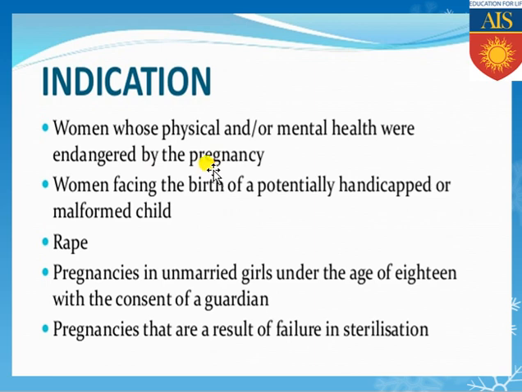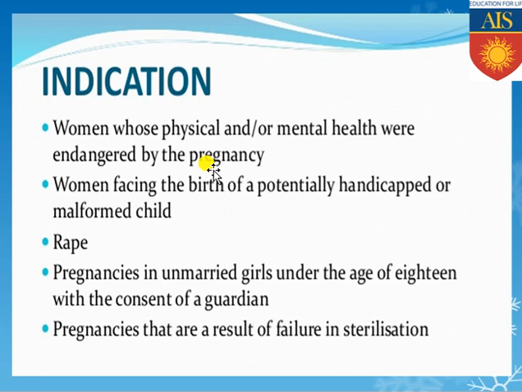Women facing the birth of a potentially handicapped or malformed child. If it is determined beforehand that the newborn baby is handicapped or genetically disabled, or has some genetic disorder, then if the mother wants to abort, she can do so by this process of medical termination of pregnancy.